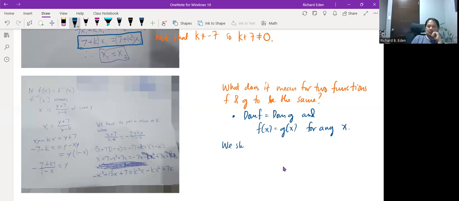We should be able to replace x with anything and the resulting equation should still be true.